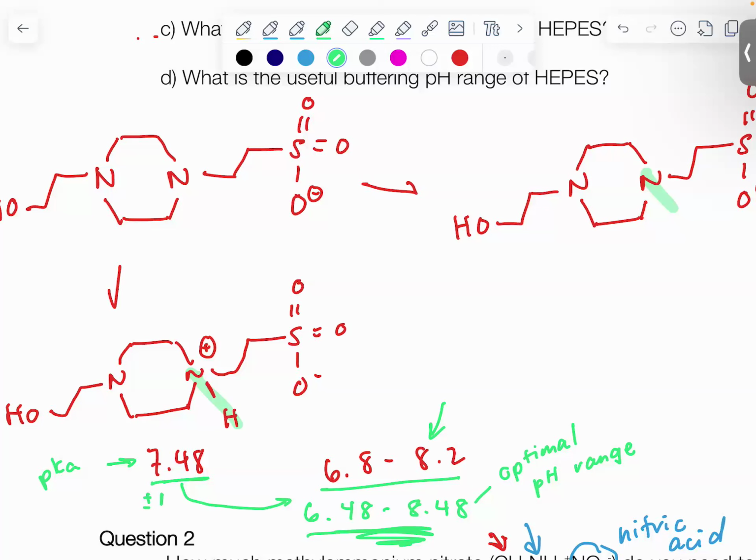Which of these would be the best? You have to find the pKas of those and see which ones have 10 in that range. So HEPES would not work for a 10, but there are other buffers with a range that includes 10. So if the range was like 8.2 and 9, or 10.2, something like that? Yes. You would do the same process for each one and see which falls in that range.